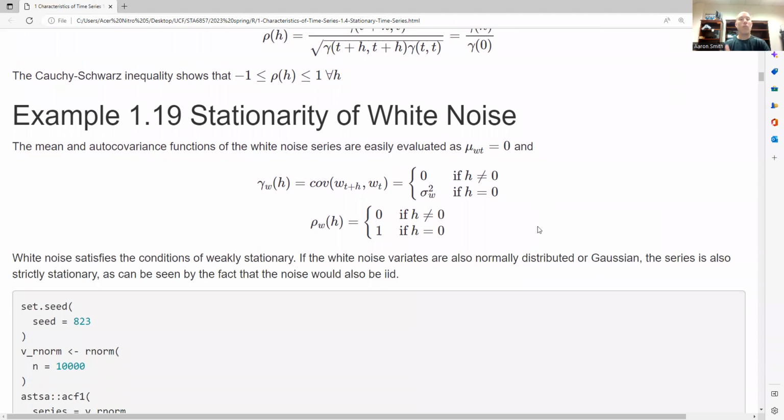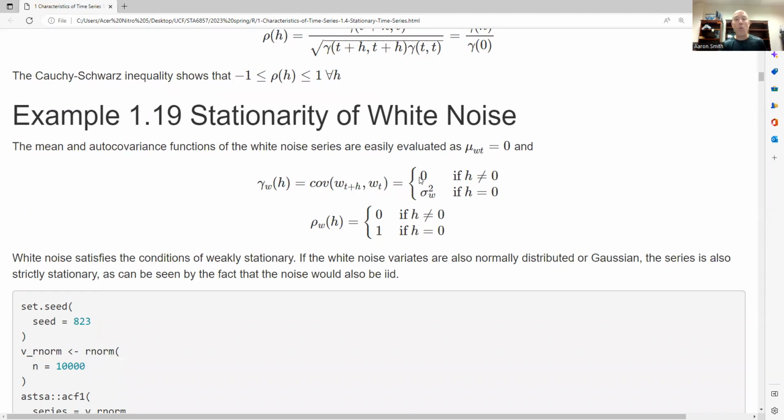Okay, so let's look at another example. Let's look at stationary white noise. All right, so I'm talking about white noise. So I have a random normal distribution. And so in this situation, the covariance between any 2 points in time is either going to be 0, they're completely unrelated, or it's going to be the variance when my 2 points in time are the same.